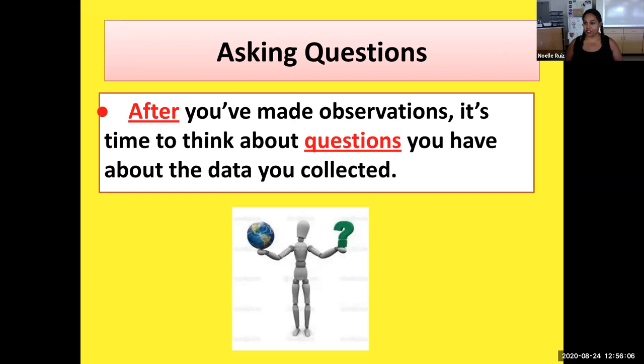So you make your observations, you see X, Y, and Z, and you start asking questions about that data. Remember, scientists make two kinds of observations, qualitative with descriptions and quantitative with numbers. You can include both of those in your questions.